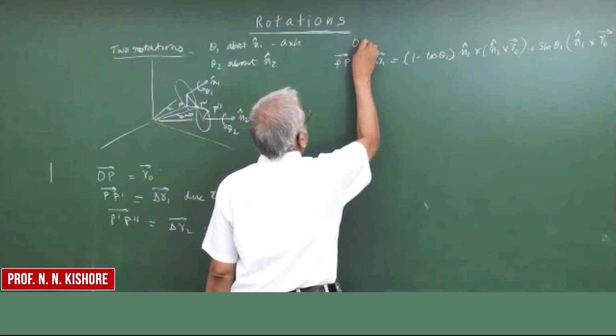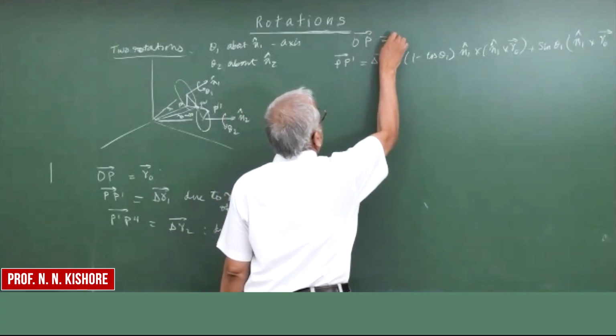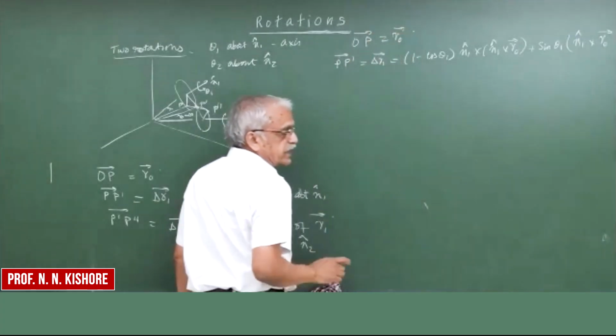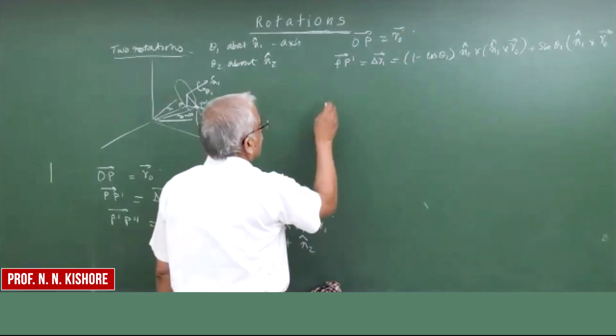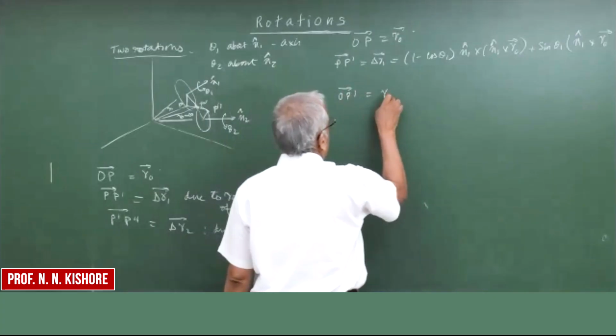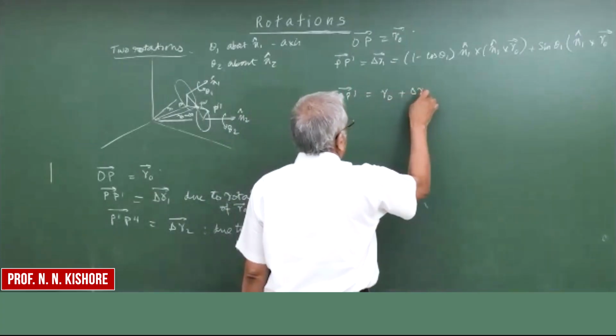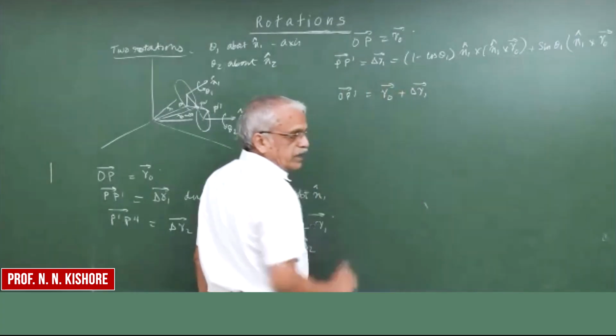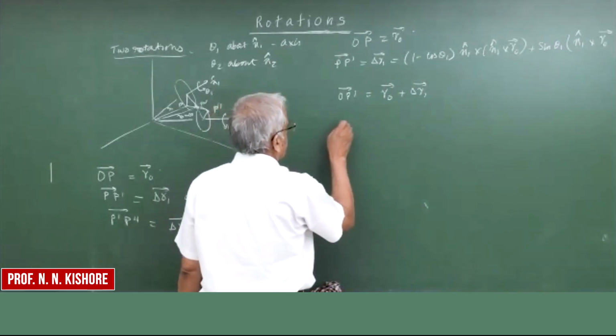Here obviously OP is R0. So in the next stage, our vector will be OP prime, so OP prime will be R0 plus delta R1, right? So this is all in sequence.